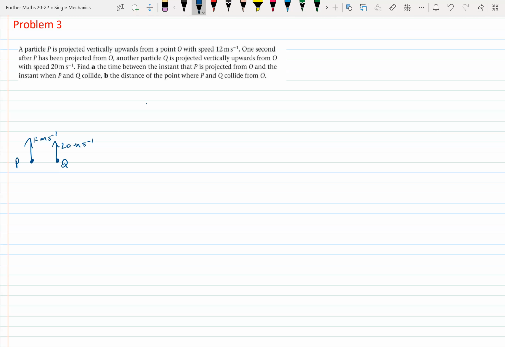So let's consider P first. We've got no problems with the position or displacement because they're starting off from the same point.